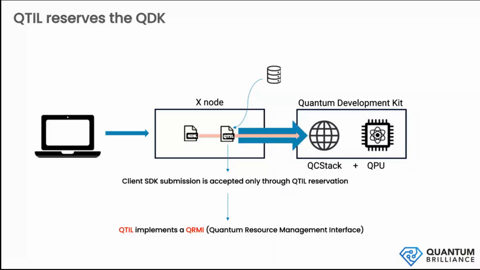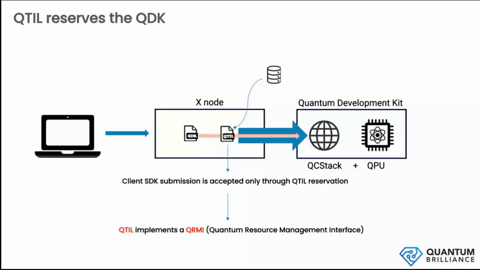And the QTIL component, in our case, works with a database, because information is stored in the database. So the main idea is that, without taking into account Slurm, without thinking of more complex things, just thinking of QTIL plus SDK installed in a single system, the user first needs to use QTIL to make a reservation.